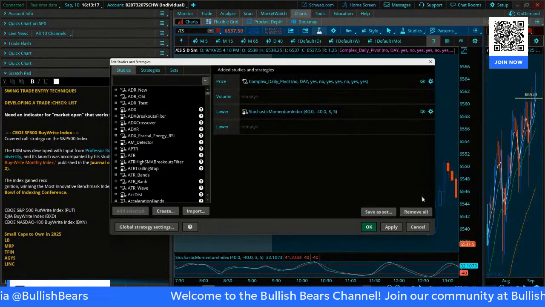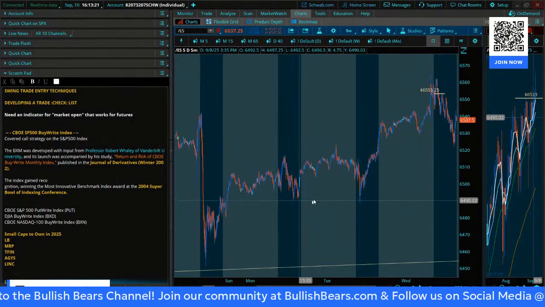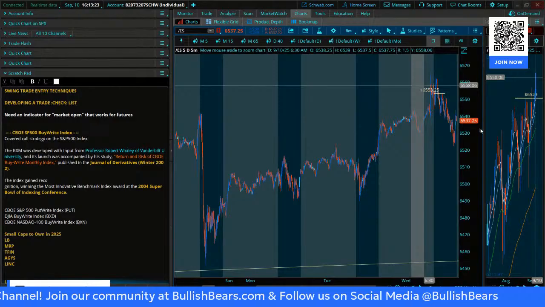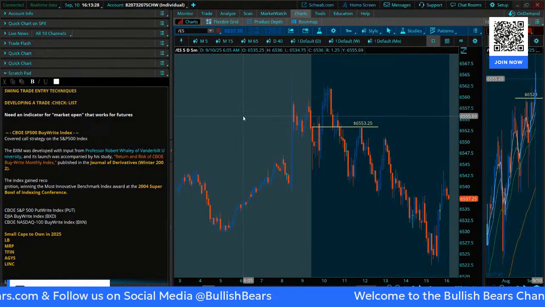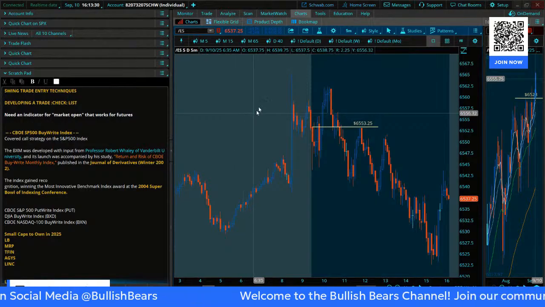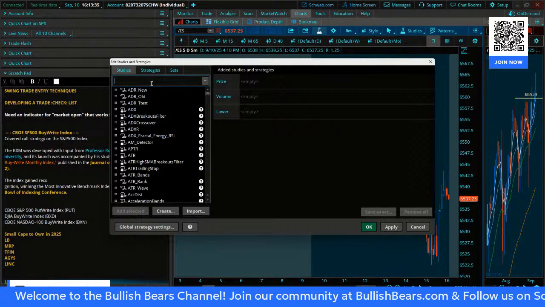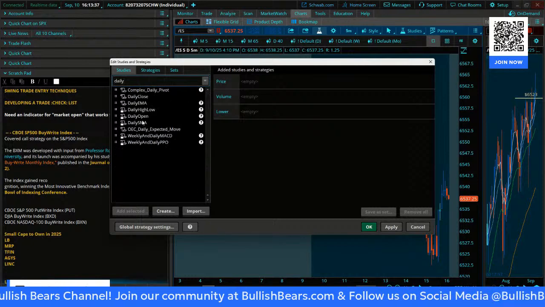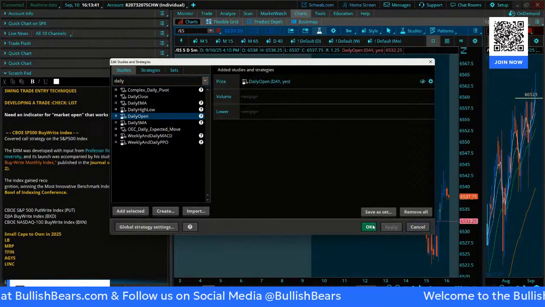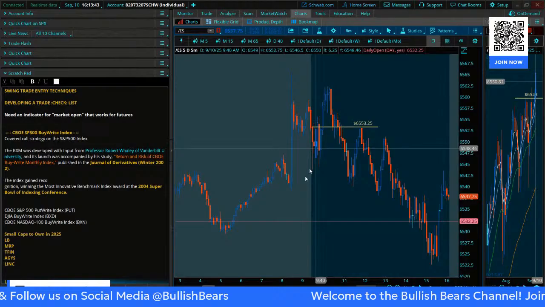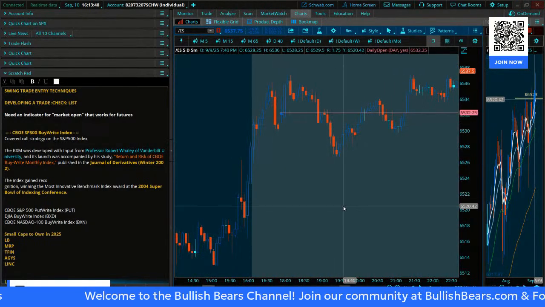When I send pictures in the chat, it always has drawings on it. There is one for Thinkorswim, but it doesn't work on futures. It goes to the 6 o'clock open, and that's not what you want. You want the 9:30 open. If I go to daily open and look at it on the futures, it's not marking the 9:30 open. It's marking the 6 p.m. open from the previous night.